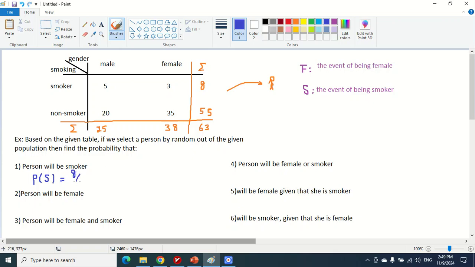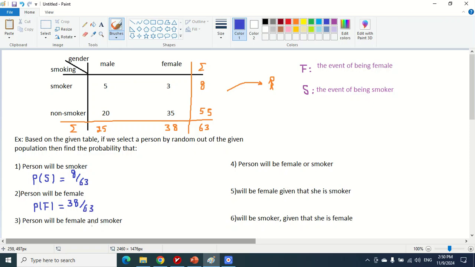So the probability of being female means that I should count the number of females over there, and simply you can find the number of females, which is 38, and you should divide it over the total, and the total is 63. So we have 38 over 63.